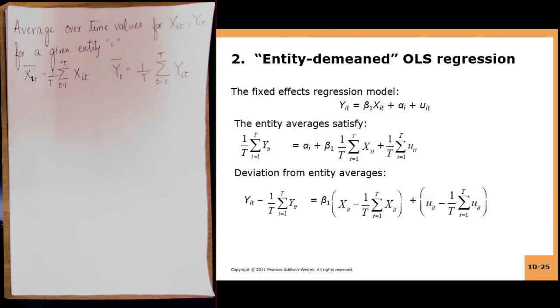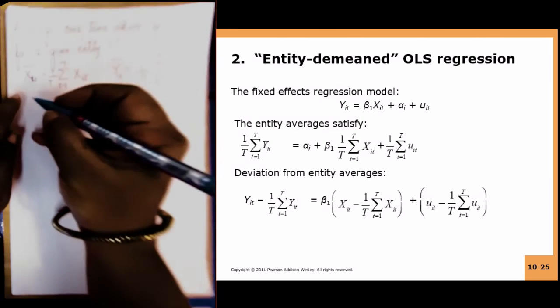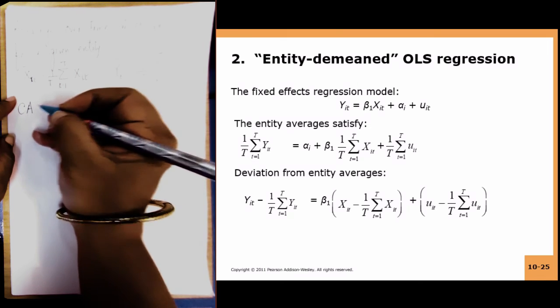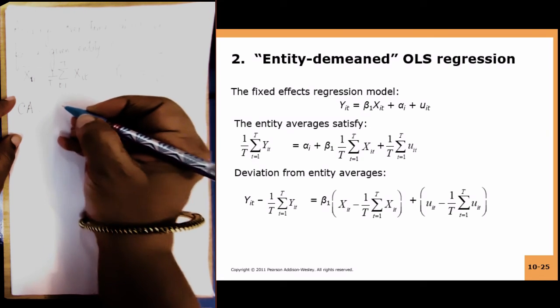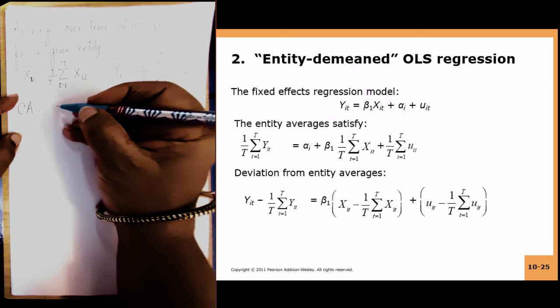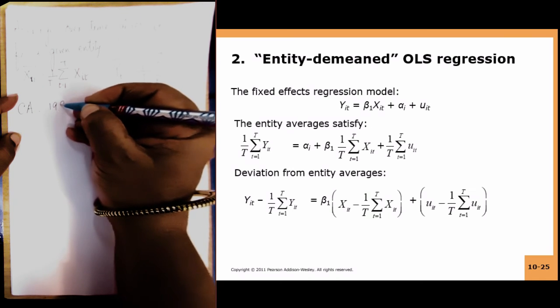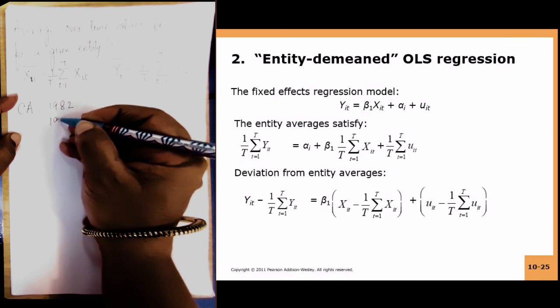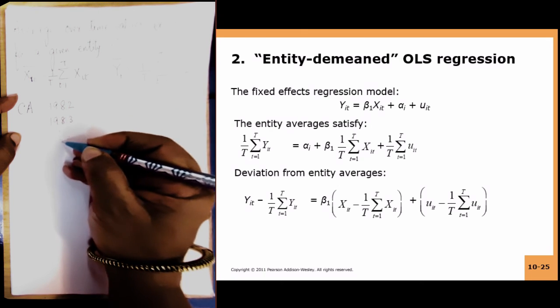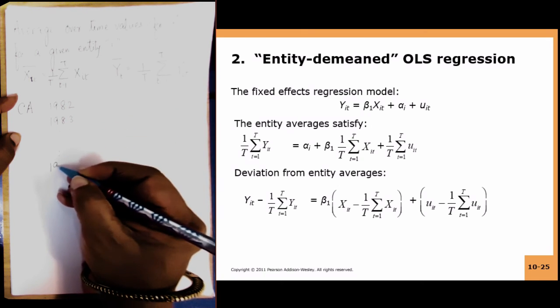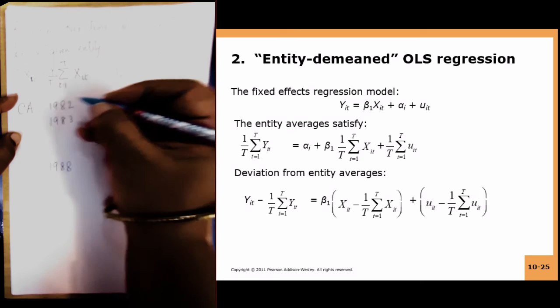Suppose you take a particular entity, California. You have 1982 data, 1983 data, and so on up to 1988 data.